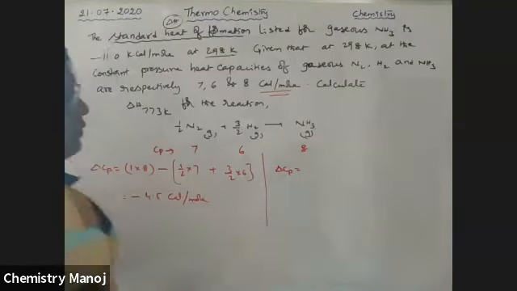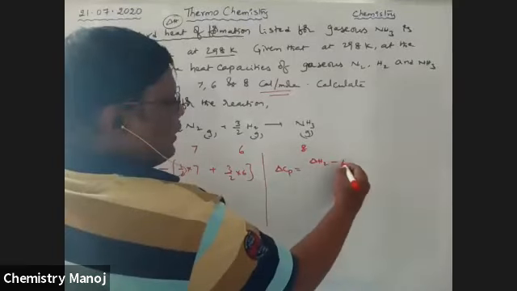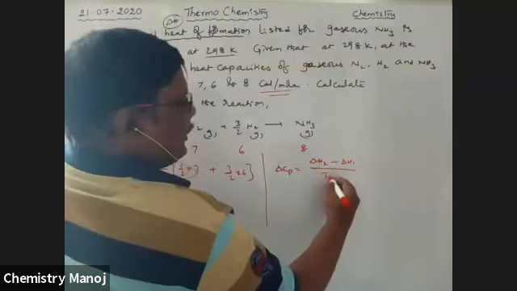Delta Cp is equal to delta H2 minus delta H1 by T2 minus T1.